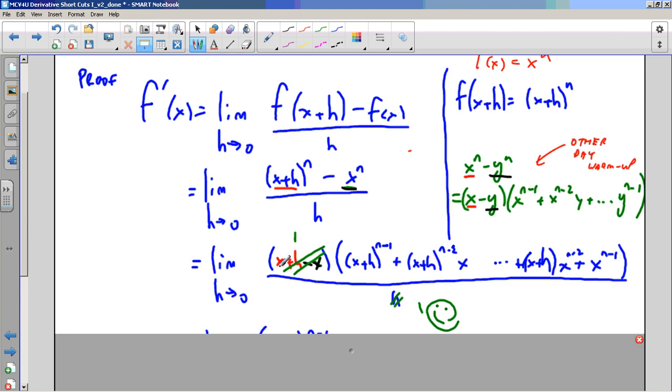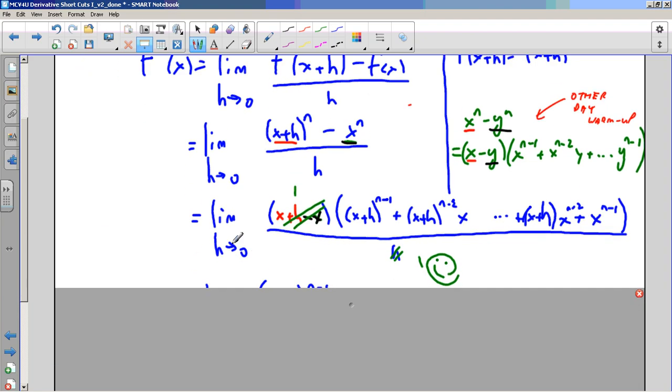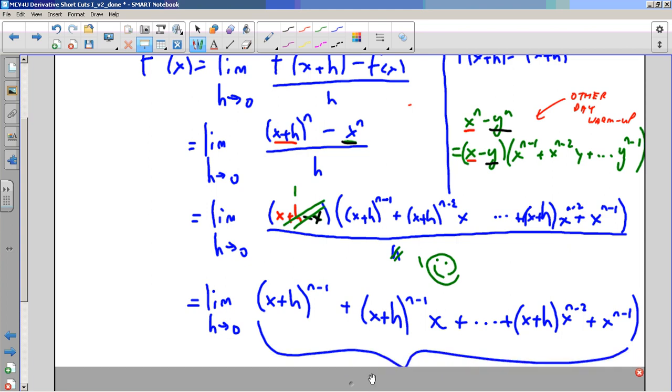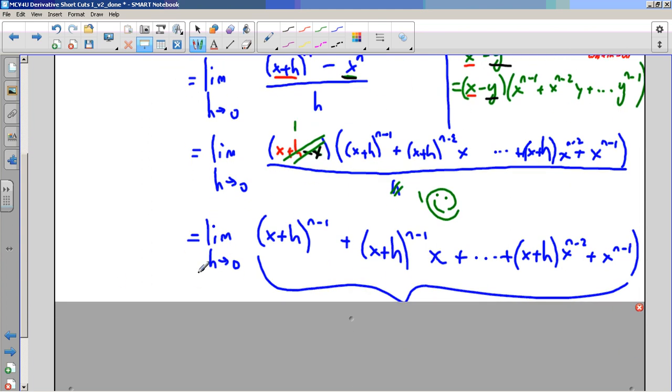What happens is the x plus h minus x makes this an h, and I can cancel with the bottom, and I get a smiley face. What's even better, because I have no h on the bottom, I get this expression, and I substitute in h is 0, and what do I get?